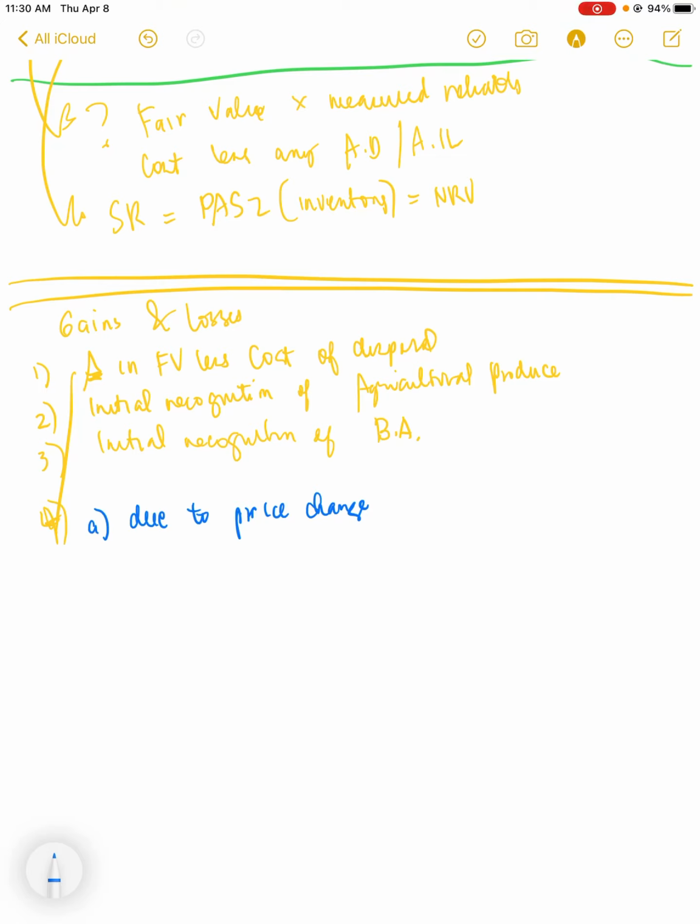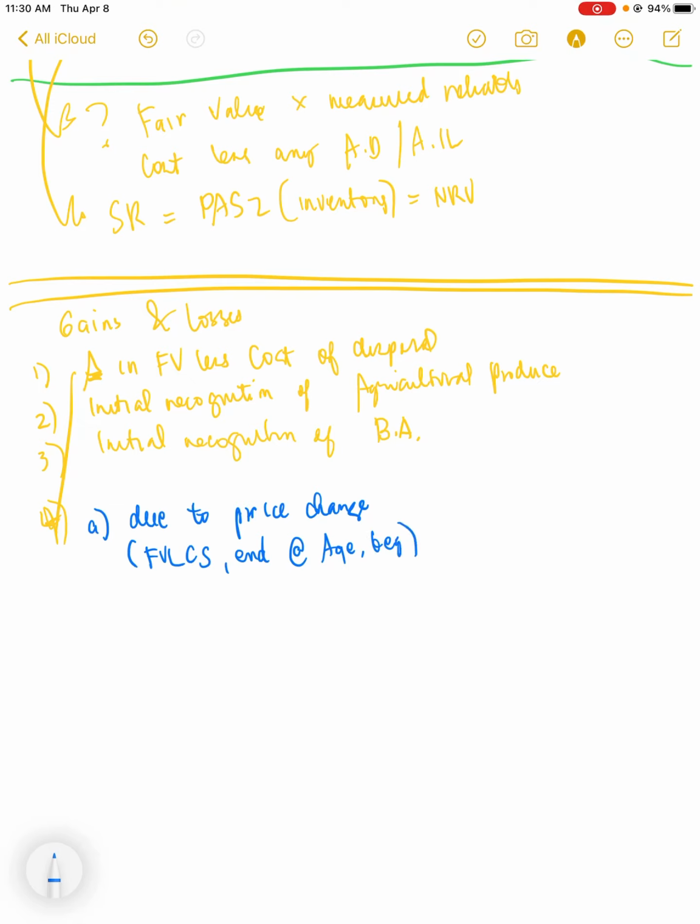And if the change is due to price, the way to record or the way to compute it is you get the fair value less cost to sell at the end of the period. Like for example, December 31 of 2020. Ang hahanapin mong fair value less cost to sell ay yung age niya at the beginning.